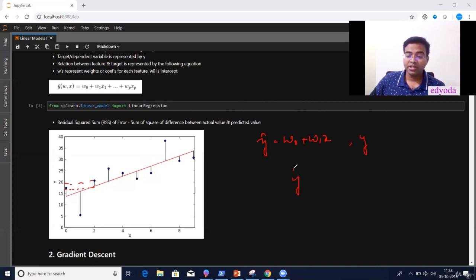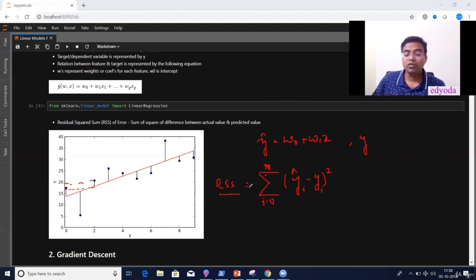So predicted price minus actual price for all the data, i equal to 0 to m. Considering you have m points, you're summing the square of the difference between the actual price and the predicted price. So this is what you call the sum of square error, the RSS.